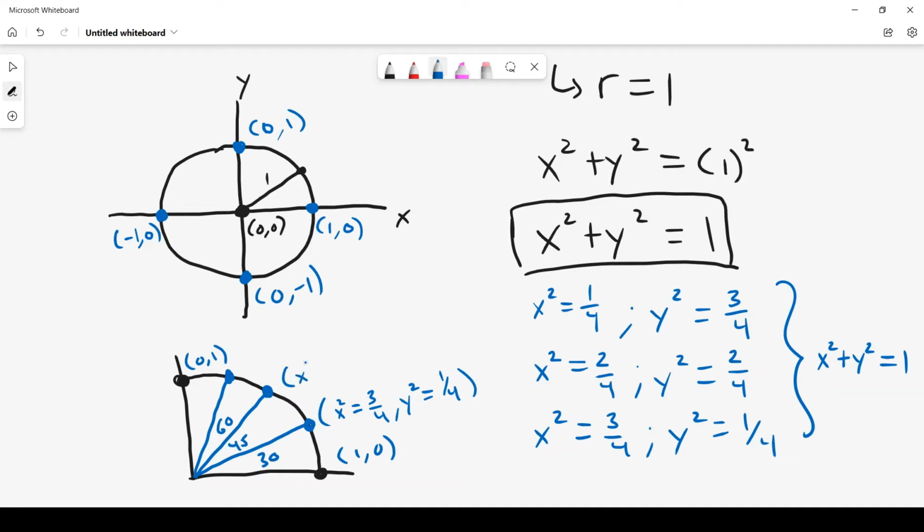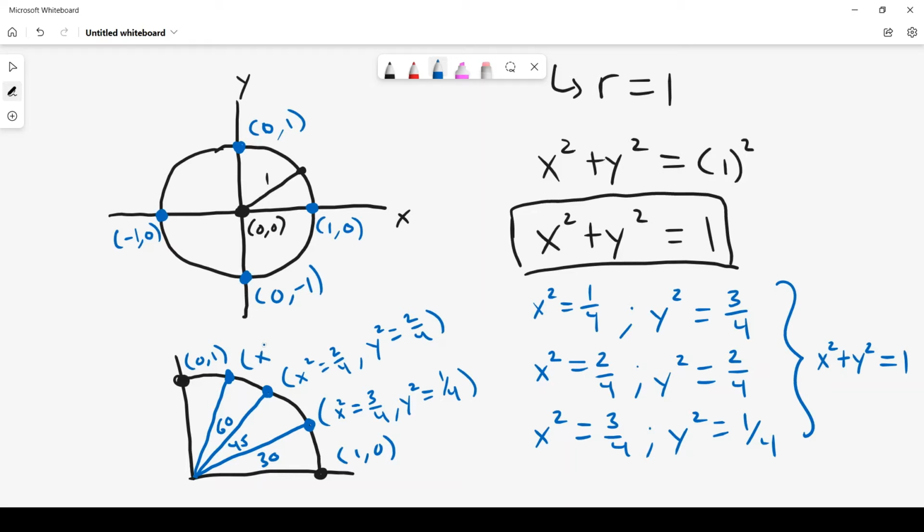Right over here would be x squared is equal to 2/4, and we would have y squared is equal to 2/4 as well.